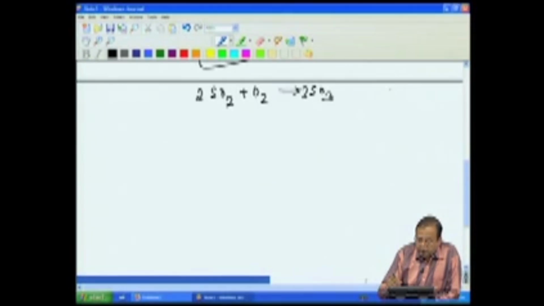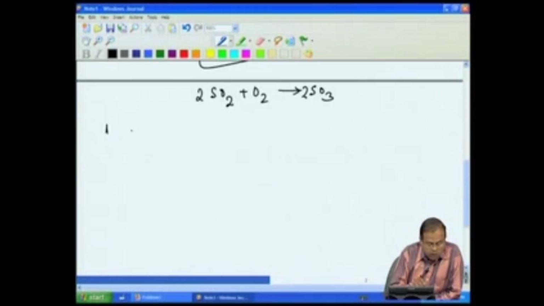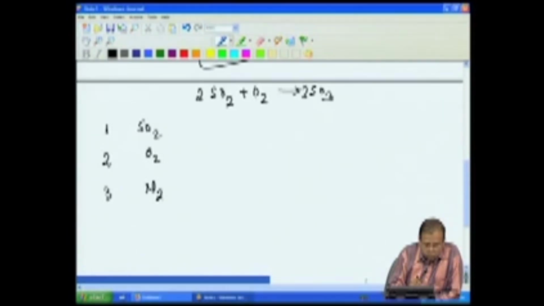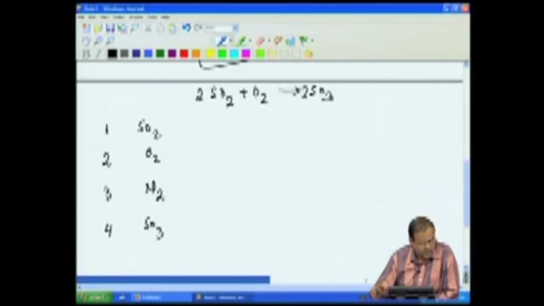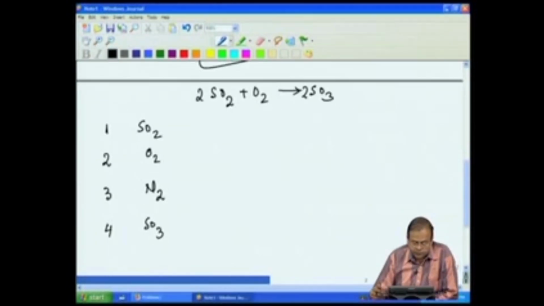So, I take my species 1 as SO2, species 2 as O2, species 3 as N2, because that is also there, species 4 as SO3. Okay. So, how do we proceed?